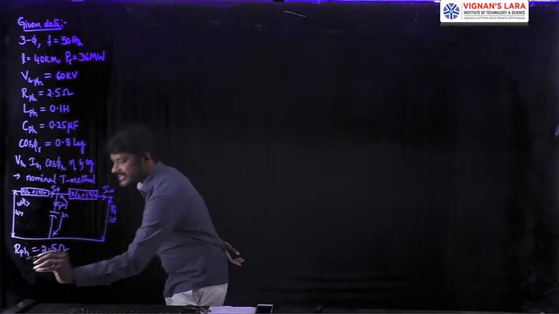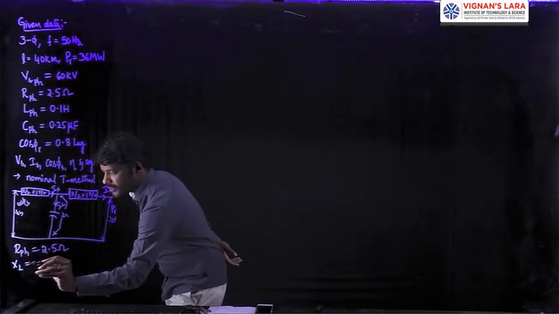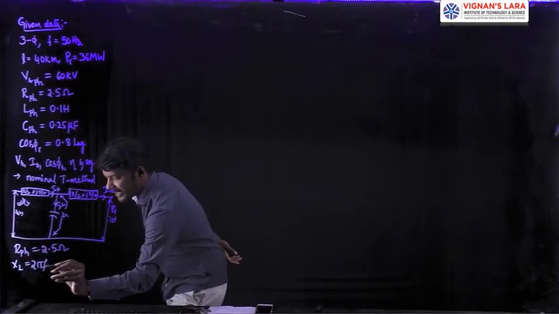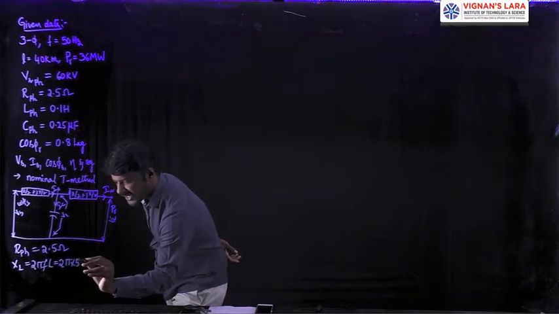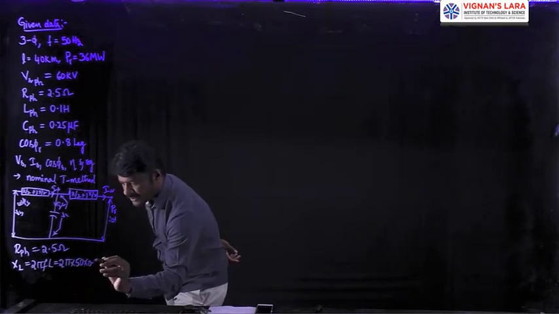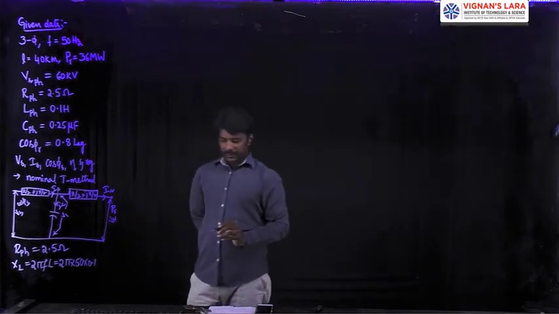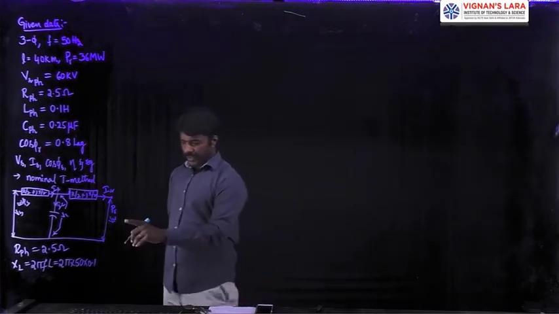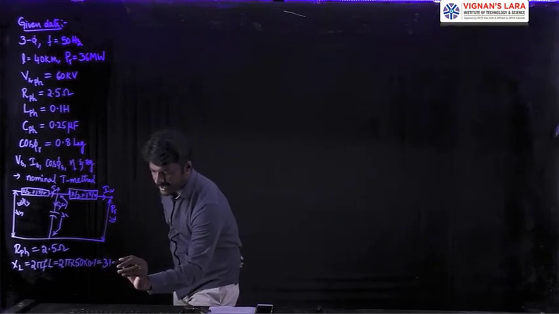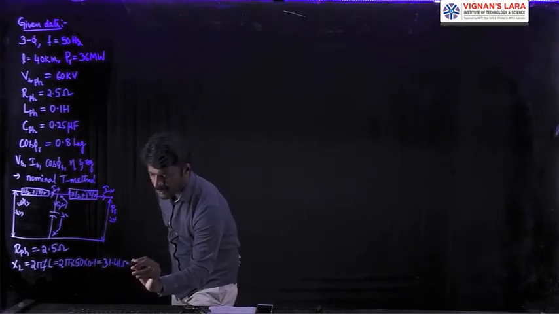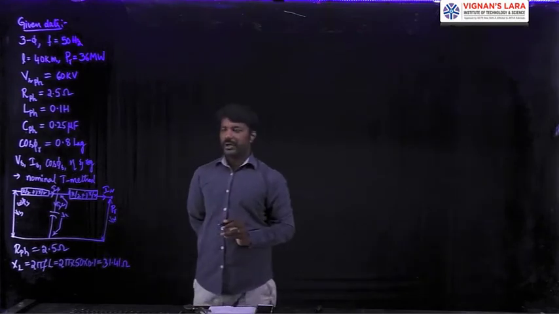Then what is XL? XL is equal to 2 pi FL. That is 2 pi, frequency is 50 Hz and L value is 0.1. We can multiply that 2 pi FL and can get this XL value as 31.41 ohms.